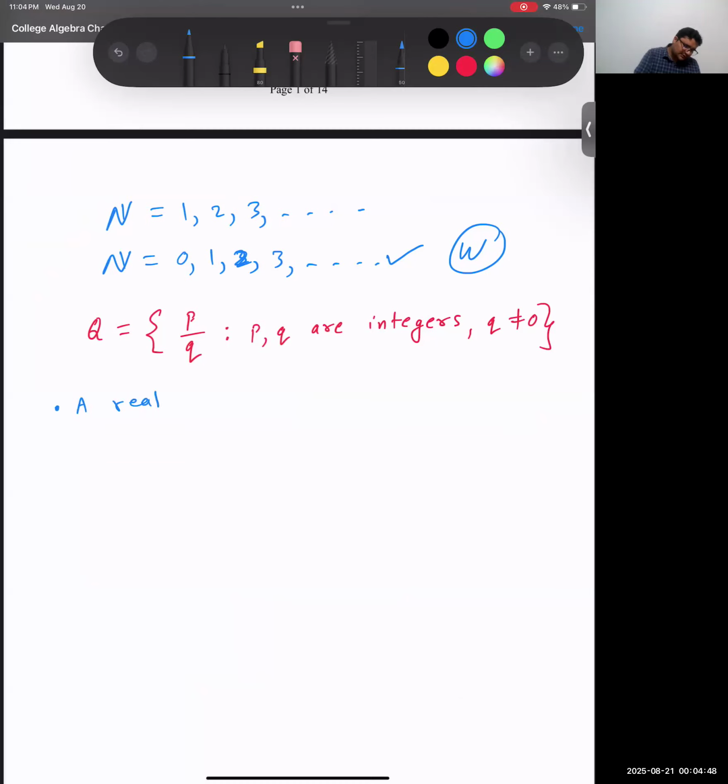A real number, by the way, we'll be talking about real numbers afterwards, but anyway, we are almost there. So let me talk about it. A real number which is not a rational number is an irrational number.